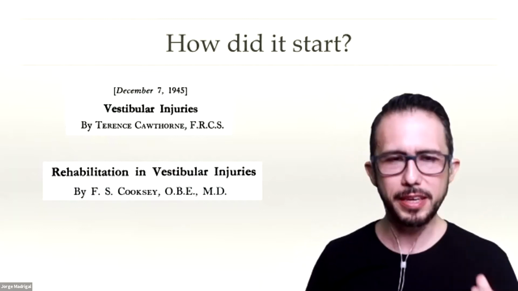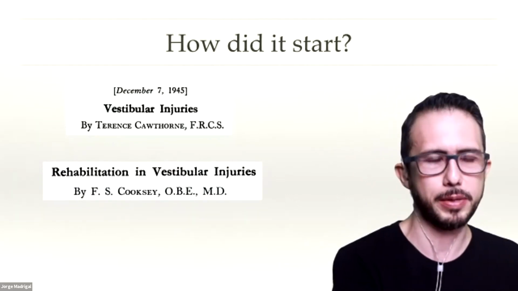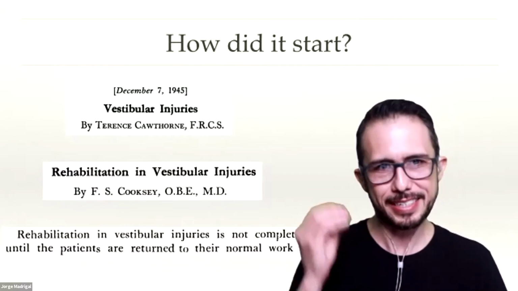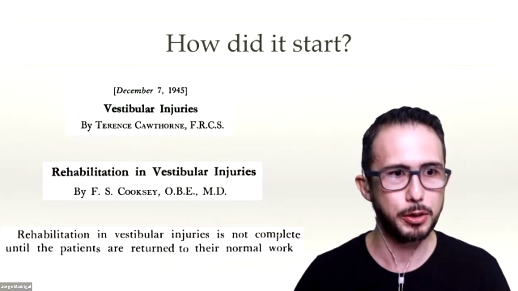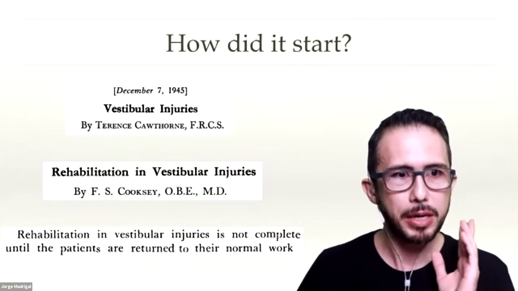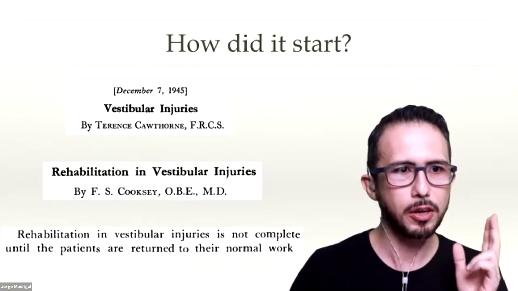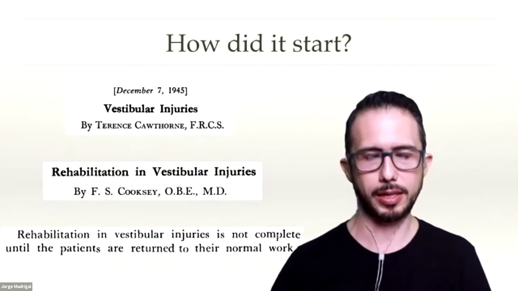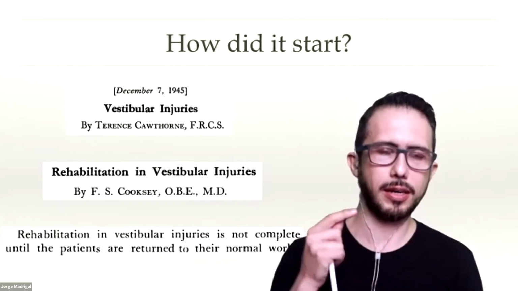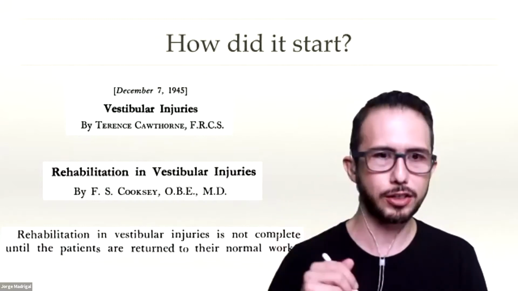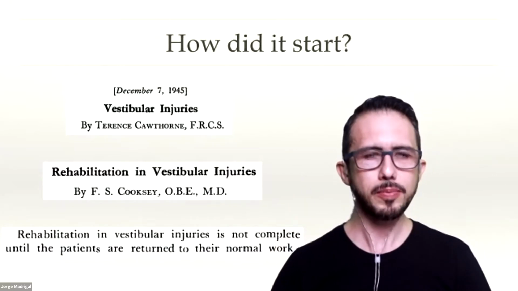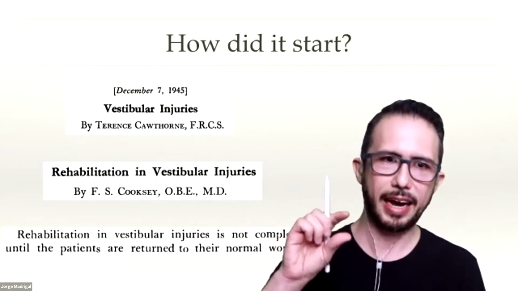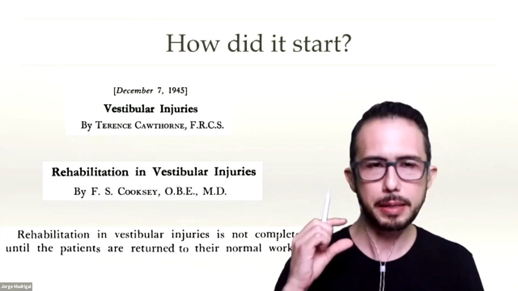And an important thing in this first paper, which I think is still very, very true, is that they say rehabilitation in vestibular injuries is not complete until the patients are returned to their normal work. This is very important because, as we saw in Leonel's lecture and in Nicola's lectures, we are not treating patients only to reach an objective number.